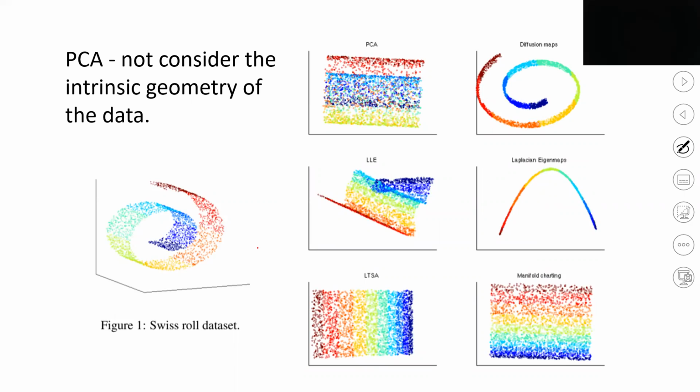So if you apply PCA to this example, this Swiss roll dataset is commonly used in nonlinear dimensionality reduction studies.